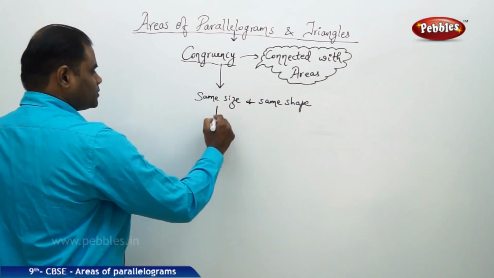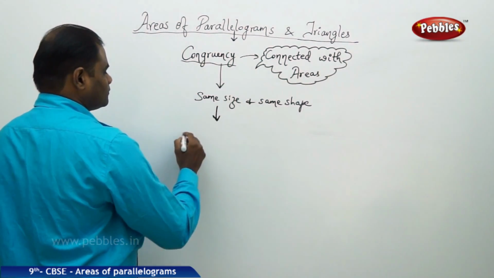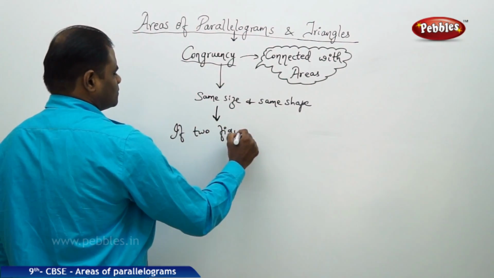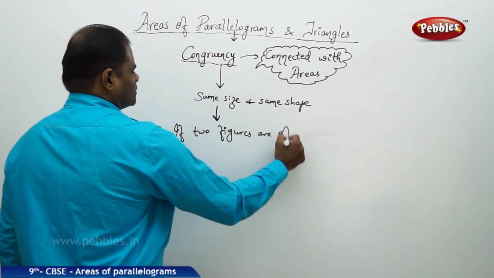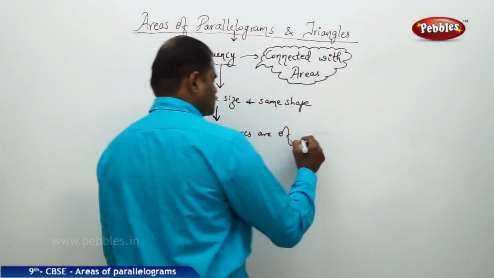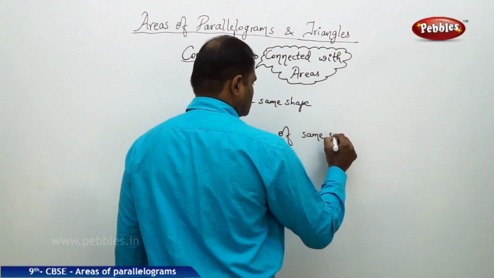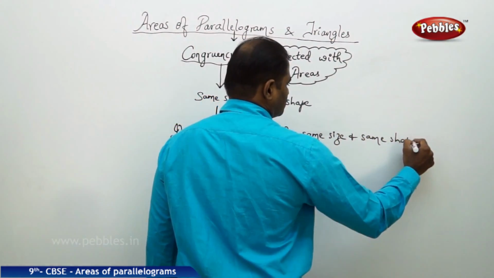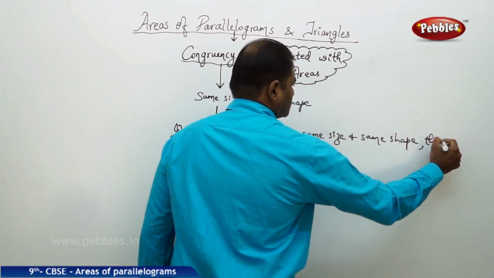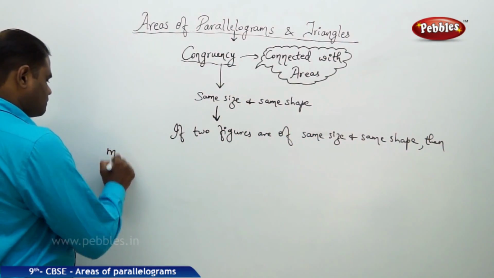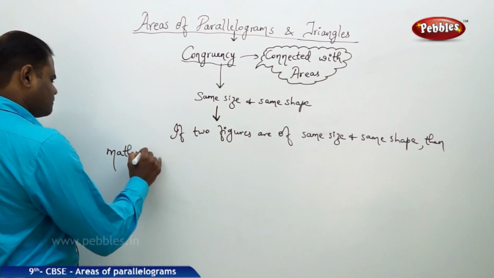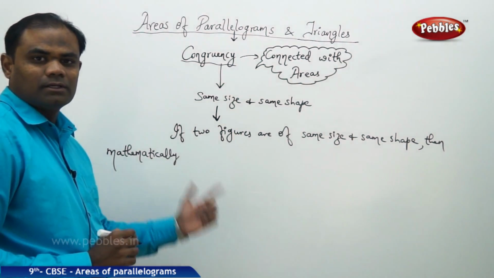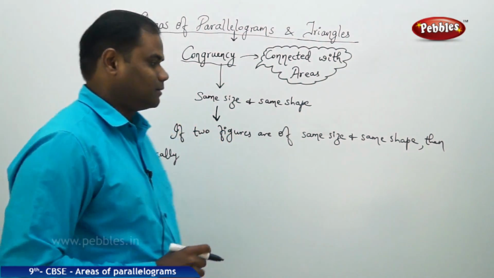So here comes the conclusion that if two figures are of same size and same shape, then mathematically they must have the same area.